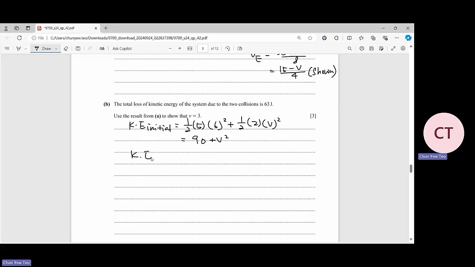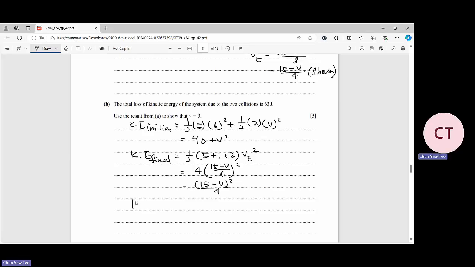Then we have KE final. At the end, the three particles, mA, mB, mC, combine together, and the velocity will be vE. If you simplify it, you get 4 times (15 minus V over 4) squared, or we can simplify it to (15 minus V) squared over 4.